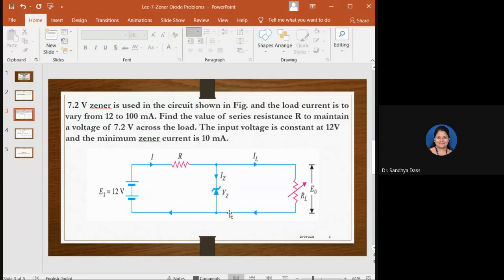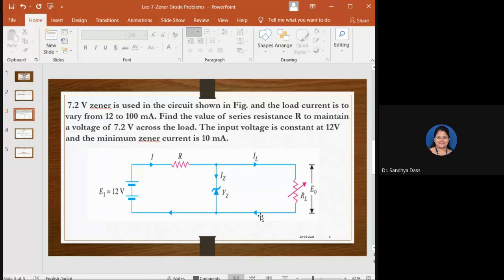The voltage you measure across the Zener diode will appear the same across RL. In other words, E naught will be equal to the voltage across the Zener diode. That is point number two.